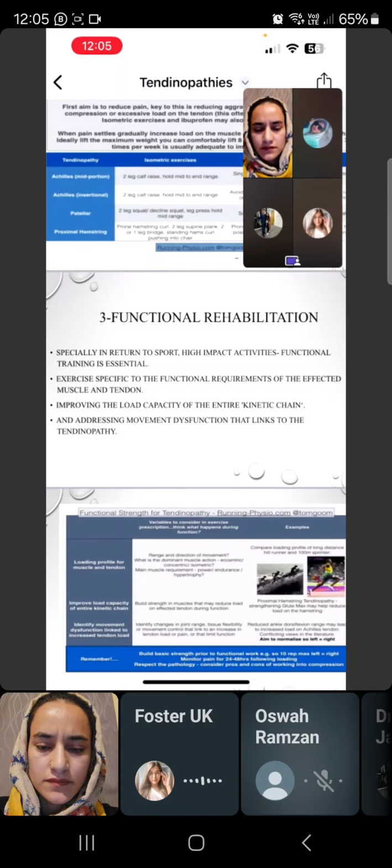If your quads are weak, your calves compensate. So no matter how much strengthening you have done for your Achilles tendinopathy, if your quads are weak, when you return to function there is more likelihood of getting tendinopathy again, because your Achilles will end up compensating for your weak quads.